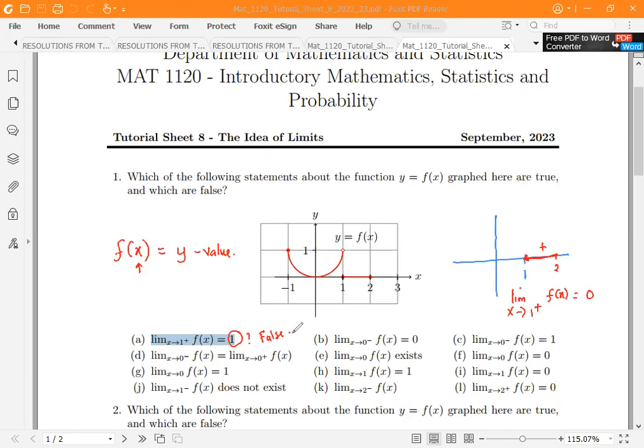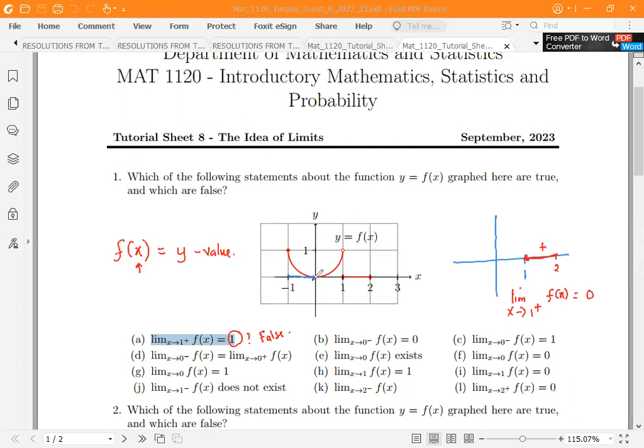Let's go to the second statement. We are now on B. It's saying the limit as x goes to 0 from left for f of x is 0. Let's see if it's true. As x goes to 0, remember, x is 0 on the y-axis. So as x gets closer to the y-axis, it's becoming 0.